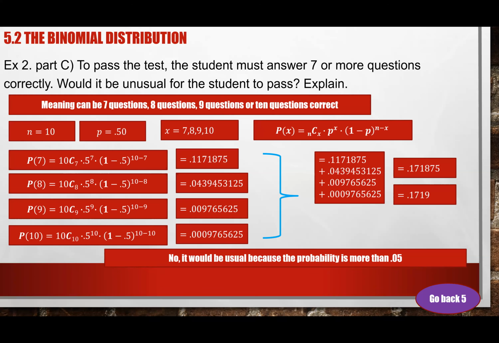In this case, we have more than 0.05, meaning it's usual, meaning there is a chance that it happens. There is a chance that you can pass this test without knowing the material and just randomly guess it, okay?